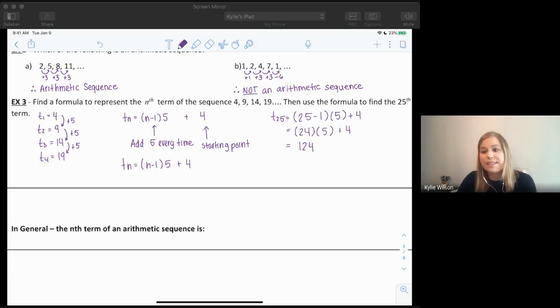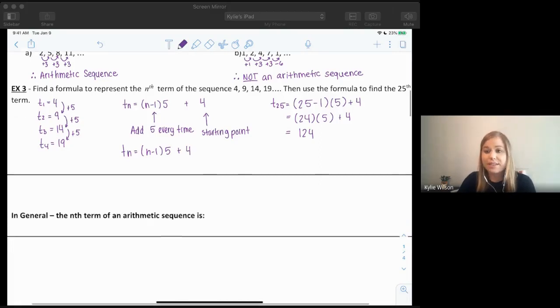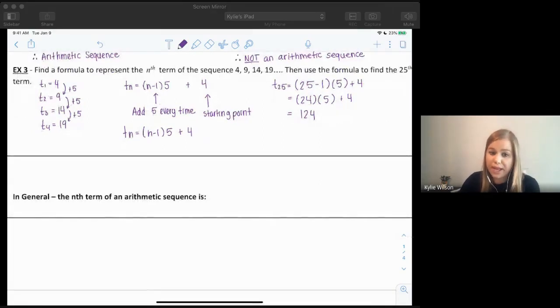Now from this example, we actually have our general term for an arithmetic sequence. So if you know that your sequence is arithmetic, you can find the formula right away.